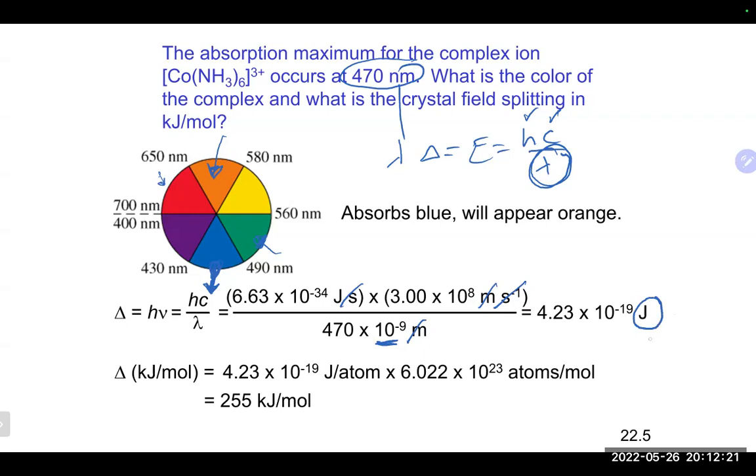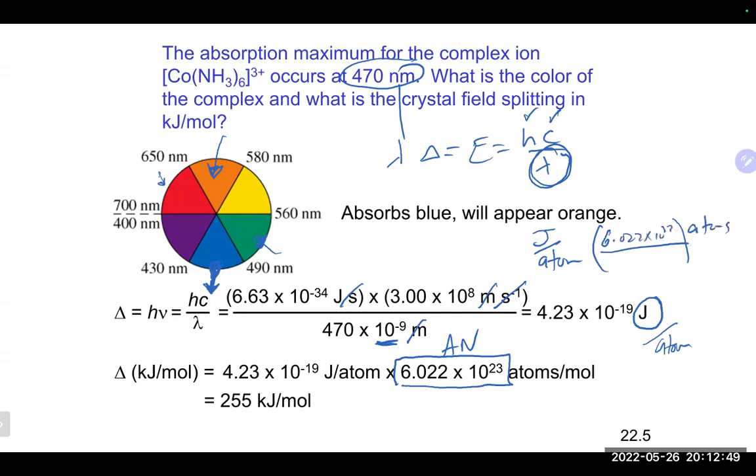That is technically joules per atom, and that is why when we wanted per mole, we see our good friend here, Avogadro's number, which is atoms per mole. That way the atoms cancel out. So the last part of the calculation, we ended up with joules per atom and multiplied by Avogadro's number, atoms per mole.